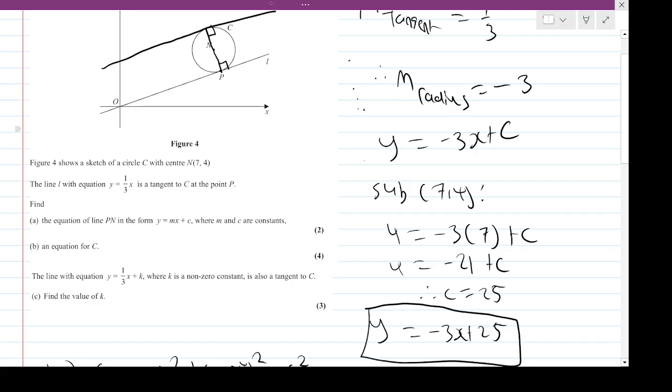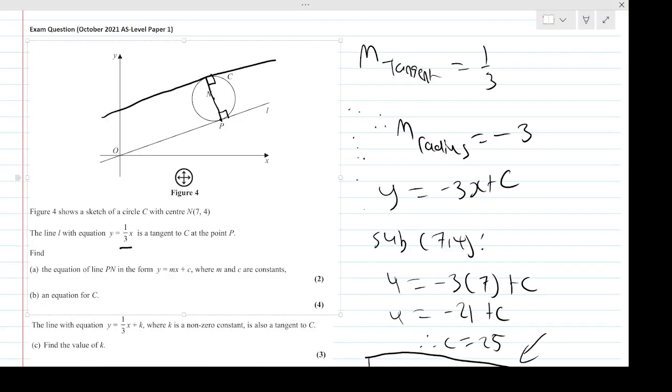Because the gradient of the two tangents is the same, which is a third, the radius's gradient must be the same. So it must be the same radius. That allows us to cut down a lot of working by using that same equation of the radius. As we just discussed, the radius indeed continues to this point here. We want to find that point there.